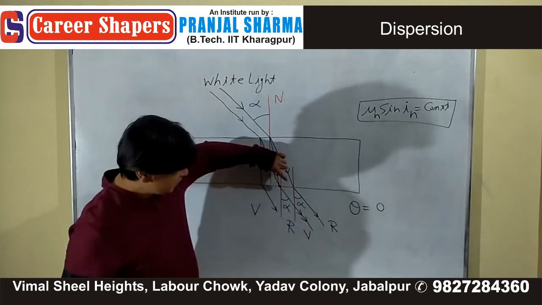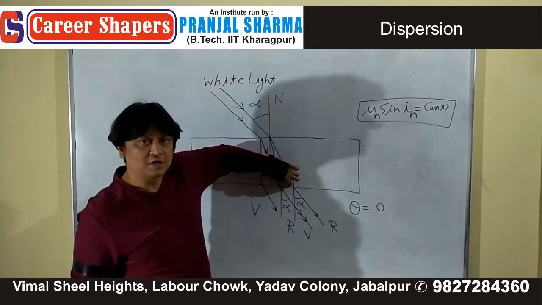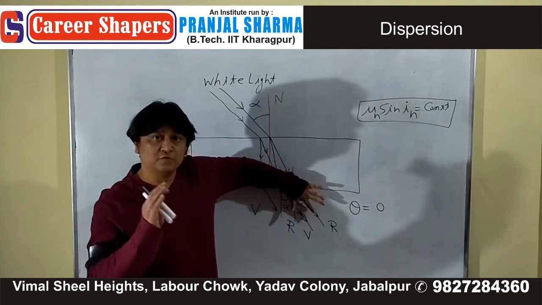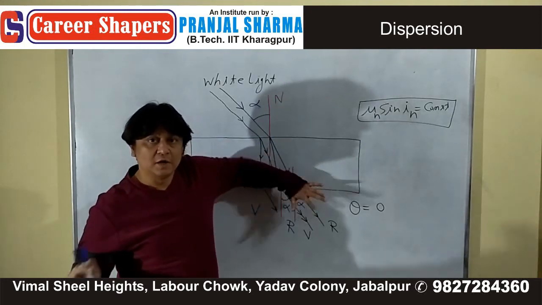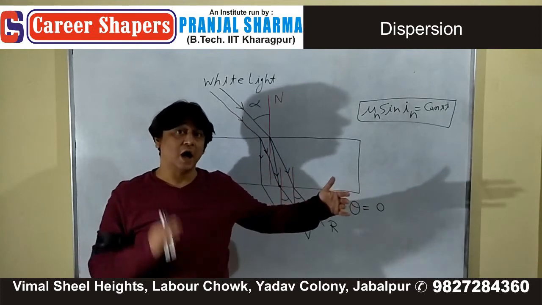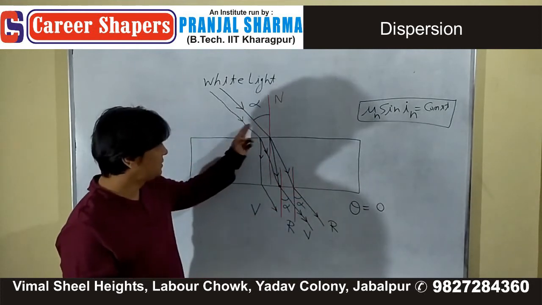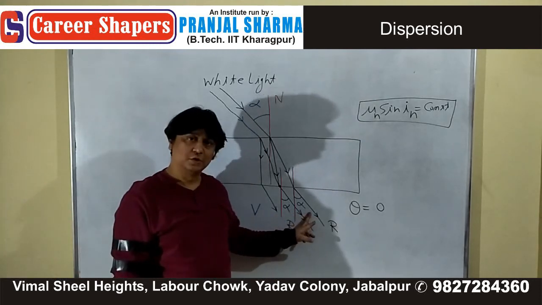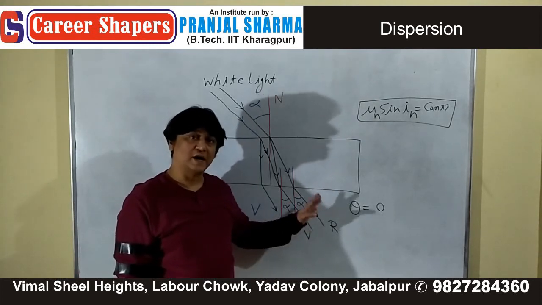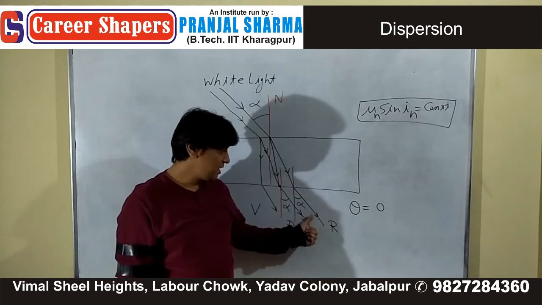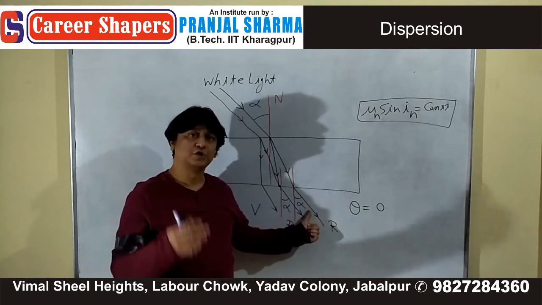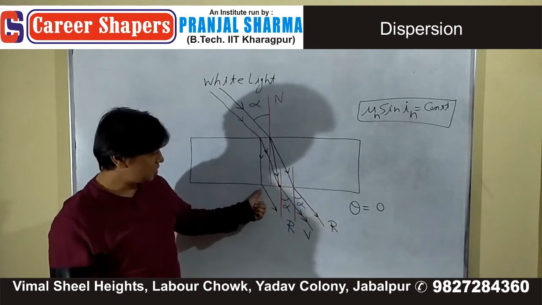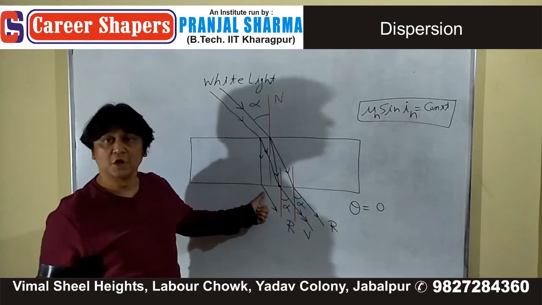That means finally at this point, you don't see a single red, you see a superposition of VIBGYOR. These VIBGYOR are of different rays. But as they finally superimpose, you get what? White light. So when light ultimately comes out from this region, you see white. When it comes out from this, you see white.